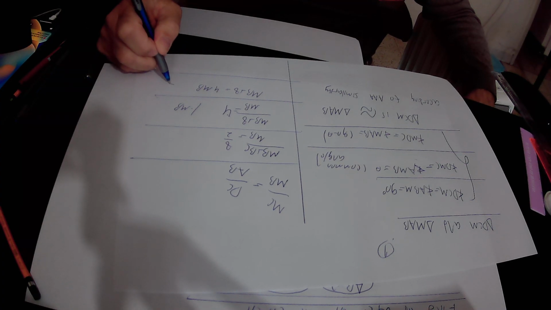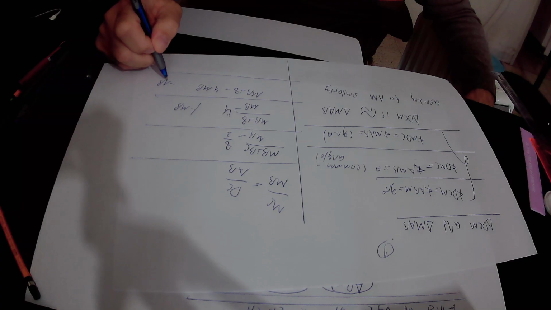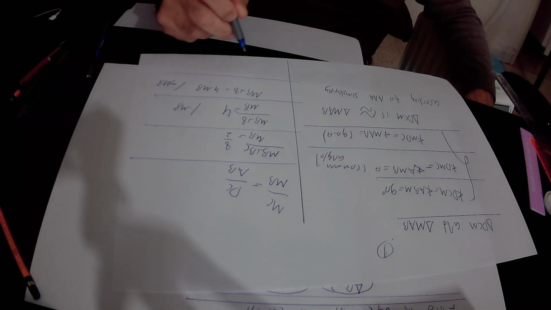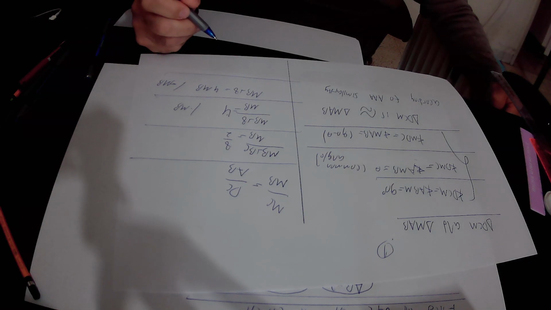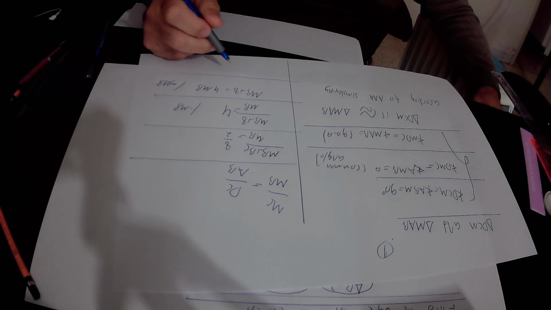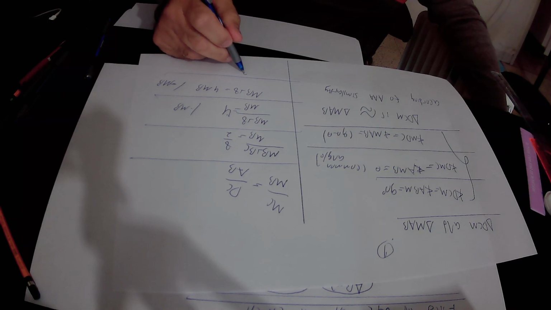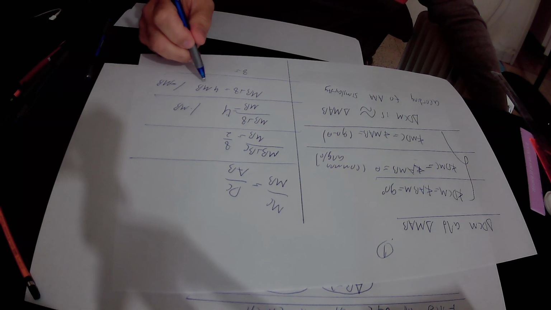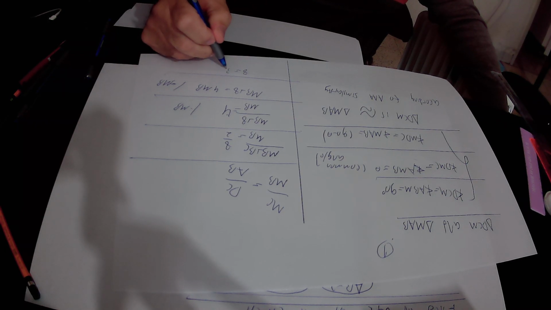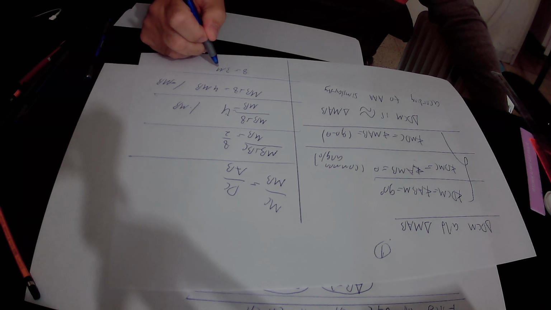Here we subtract MB from this equation and we get that 8 equals 4MB minus MB, which is 3MB, so 8 equals 3MB.